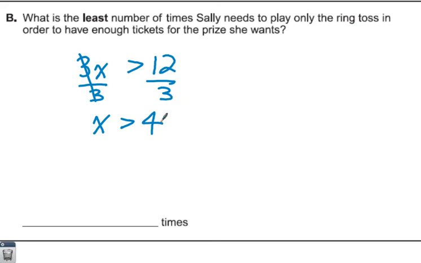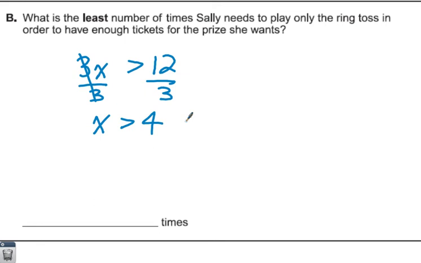And the key here is she needs to play the ring toss more than 4 times, not equal to 4 times. If you were doing this just using common sense without actually writing out this inequality, you would think, well, if she played the ring toss exactly 4 times, she would have exactly 12 tickets, and that's not reaching her goal.